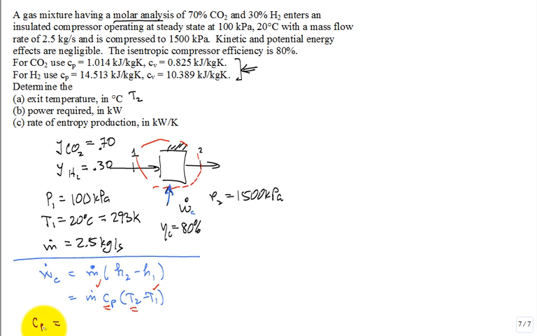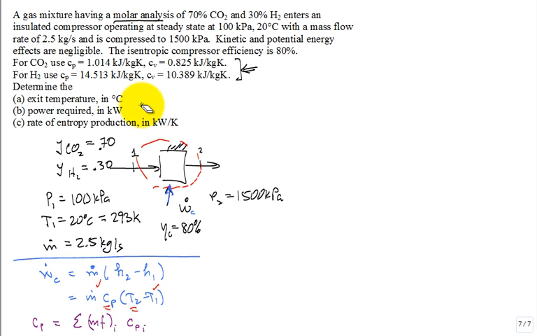And a little bit of algebra shows that it's equal to the sum of the mass fractions of each component times the specific heat of that component. True? Okay, I've got the specific heats per unit mass for each component.